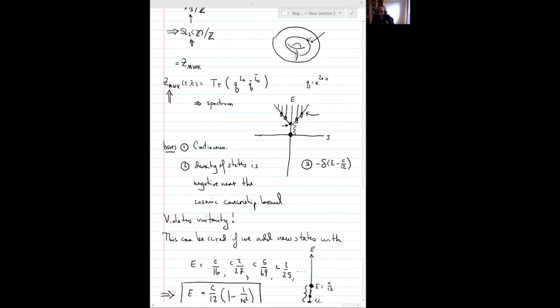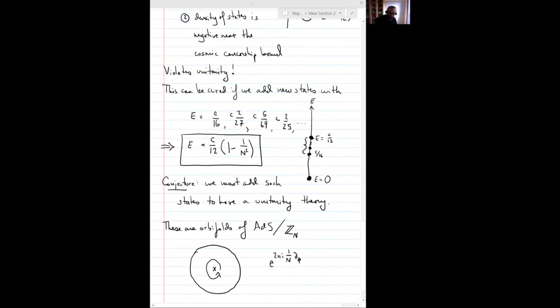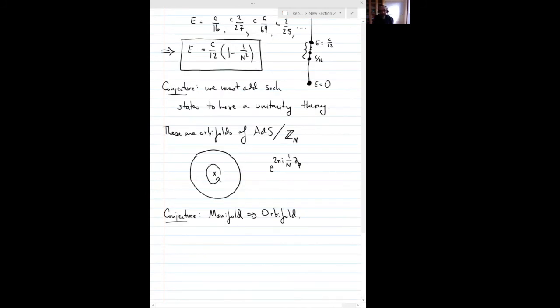And so at the end of the day, although I am adding a positive infinity number of states with energy slightly below C over 12, I also, coming from the infinite sum over instantons, get a negative infinity number of states right at C over 12 in such a way that everything actually converges.